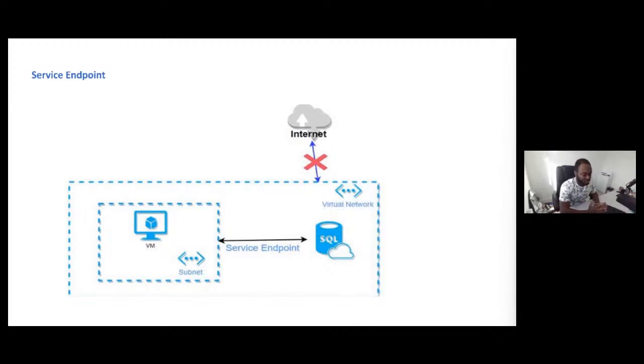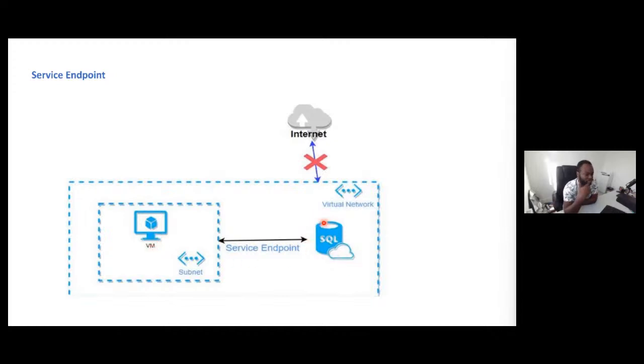It allows those private IP addresses on your VNet to be able to talk to your resources like SQL, even Azure Key Vault, or your storage as well. So you're no longer allowing, let's say, people on the internet to connect to these resources, but you're allowing resources within your VNet to talk to the resources on Azure, which is very good.